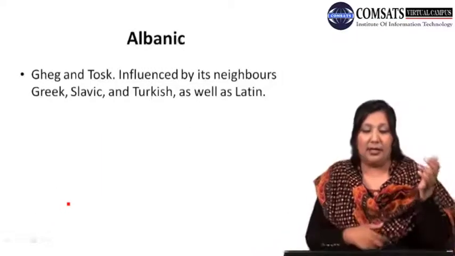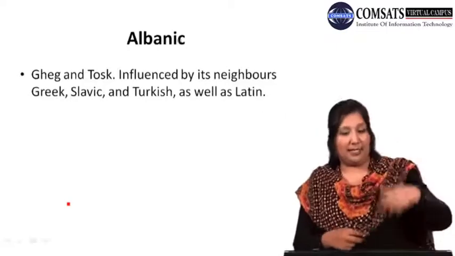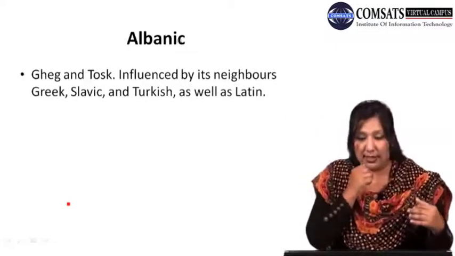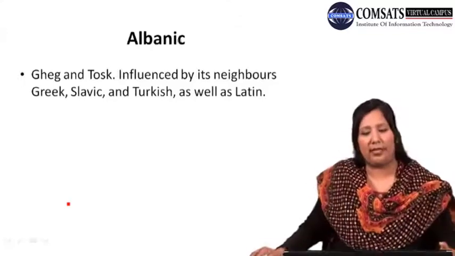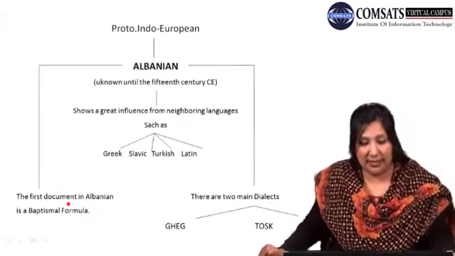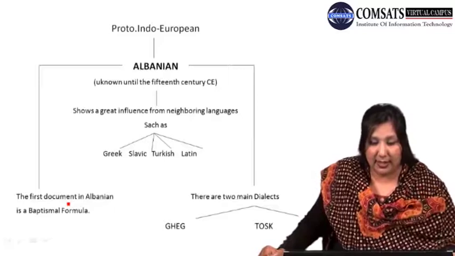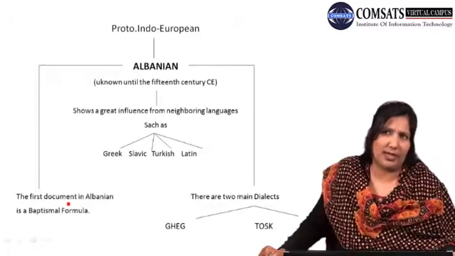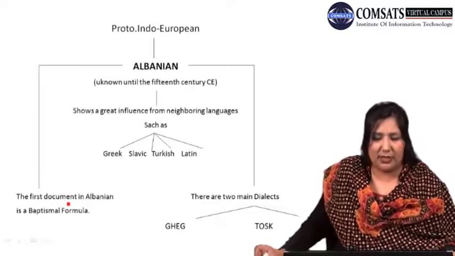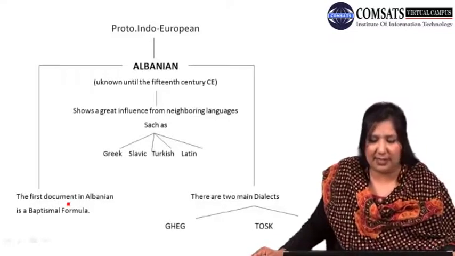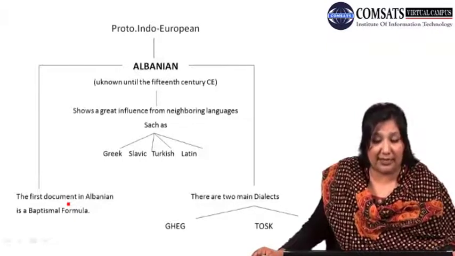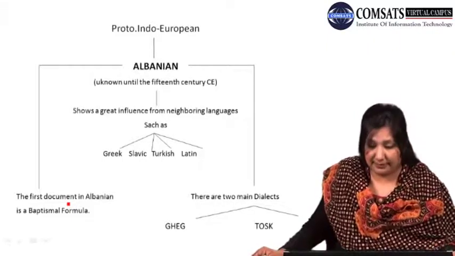Next comes the language Albanian. Albanian has Geg and Tosk. It was influenced by its neighbors Greek, Slavic and Turkish, as well as Latin. Albanian was unknown until the 15th century CE. It was very late when it was realized. It shows a great influence from neighboring languages, again Greek, Slavic, Turkish and Latin.